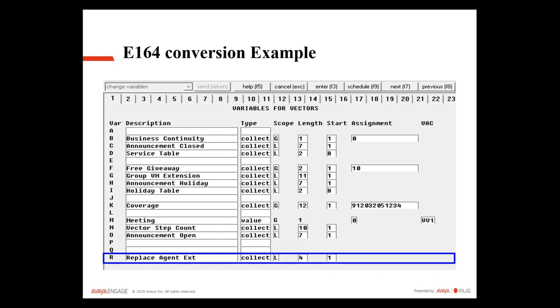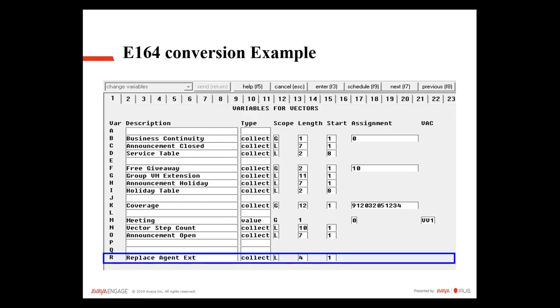We went from a 4-digit PIN for our agents when the calls were prompted to an 11-digit dial plan. So I couldn't expect my customers to enter an 11-digit extension when we prompted for a 4-digit PIN previously. So I needed some way to make sure that that 4-digit PIN still got to the agent when we prompted. So I used a collect.